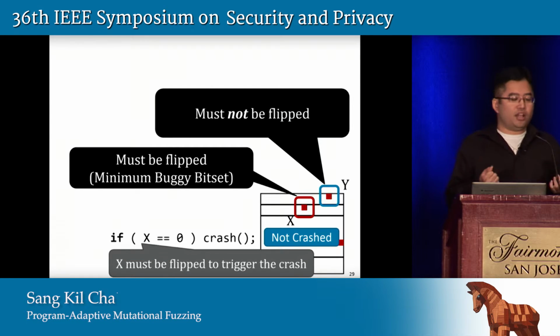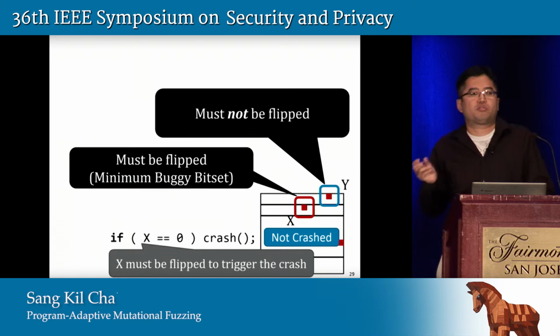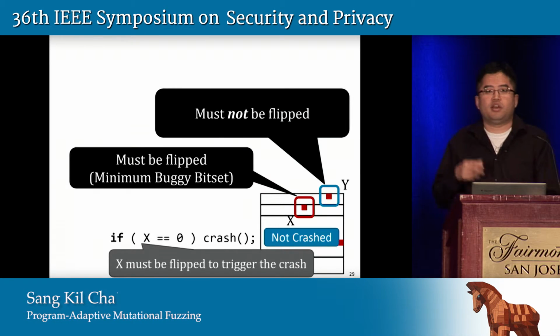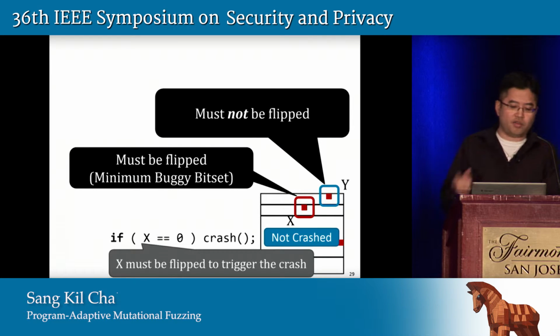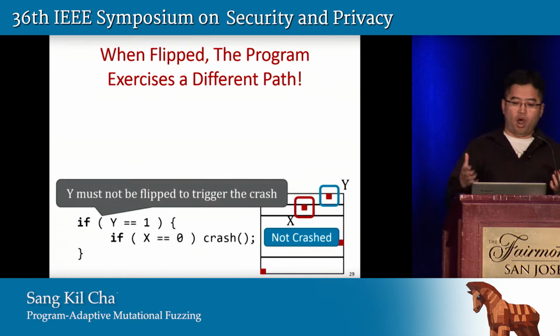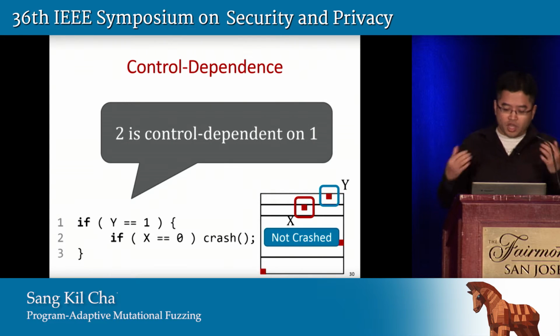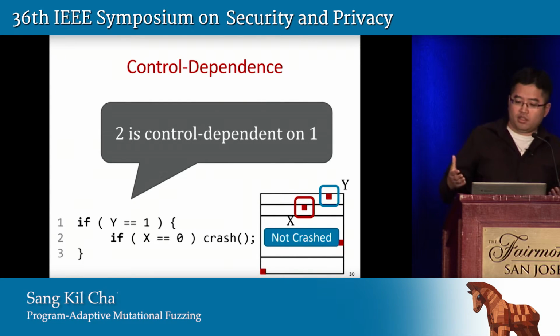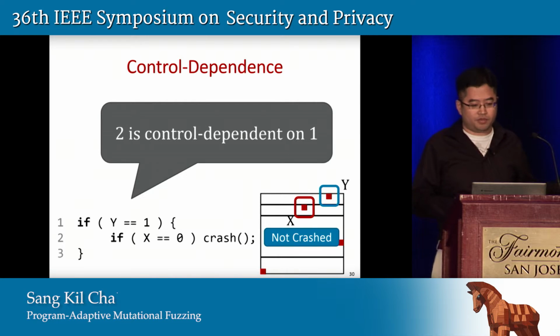And depending on the values of x, the program should either crash or not. And since the value of y also affects the program crash here, there must be another conditional that checks the value of y. We typically say the second conditional statement here is control dependent on the first conditional statement.